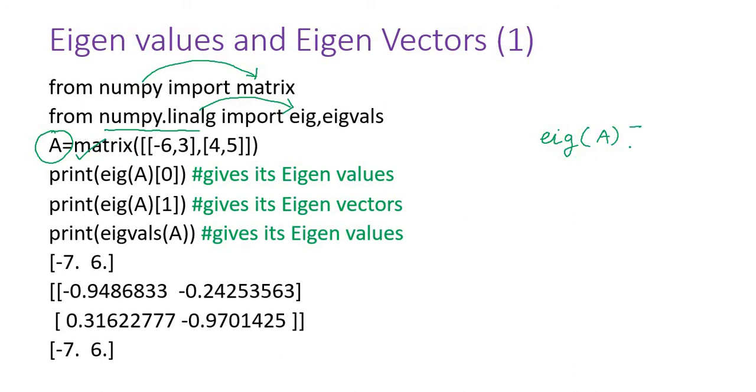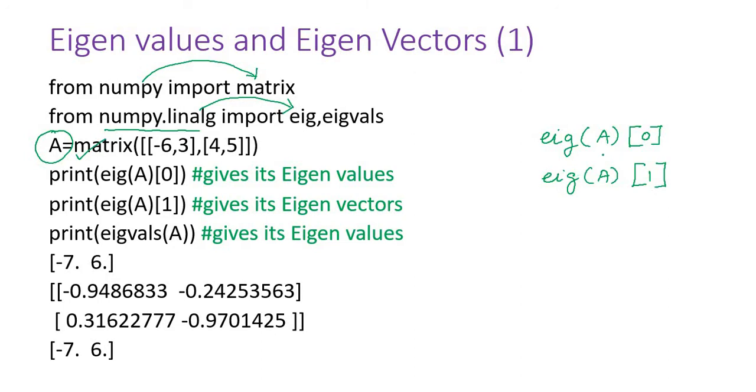If you want to access them, in square brackets you give 0, the 0th index, which gives the eigenvalues. For EIG of A, the first index gives the eigenvectors.